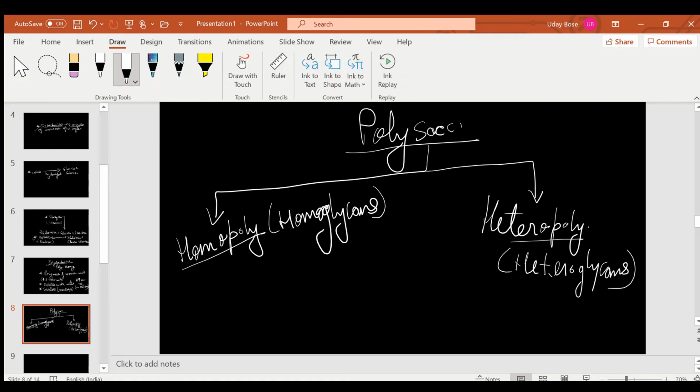Homopolysaccharide has the general formula (C6H10O5)n, and heteropolysaccharide does not have any formula as such.